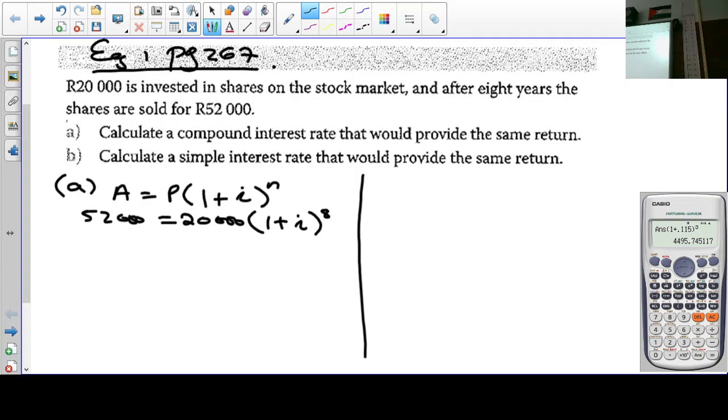So what do I do first? Divide by 20,000. So that cancels. What do we have? 1 plus i to the exponent 8. That cancels.